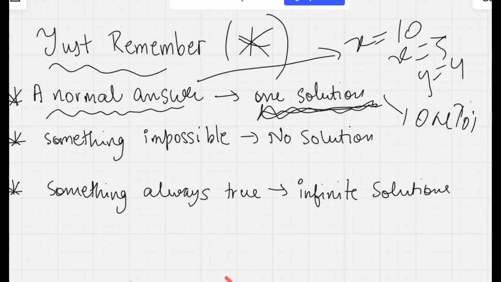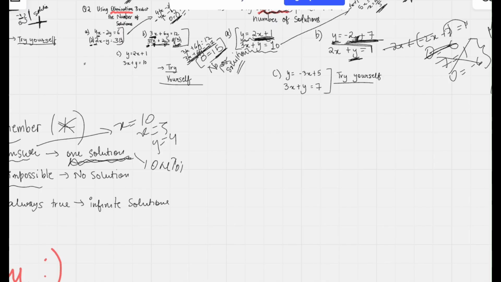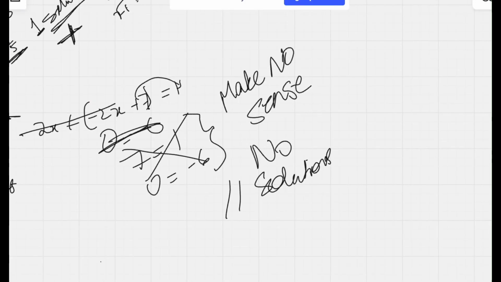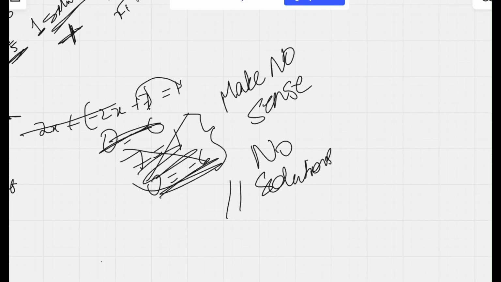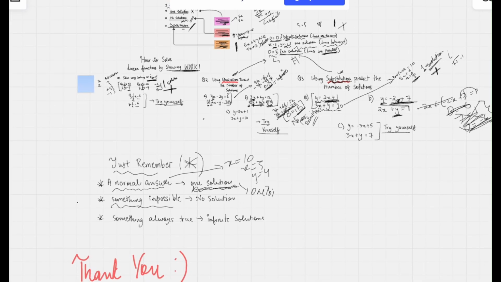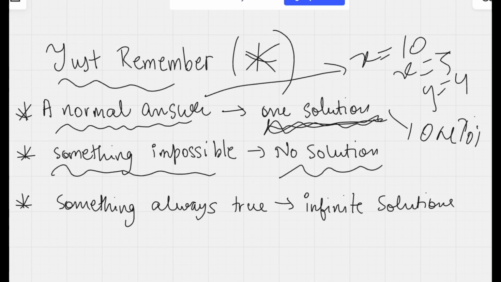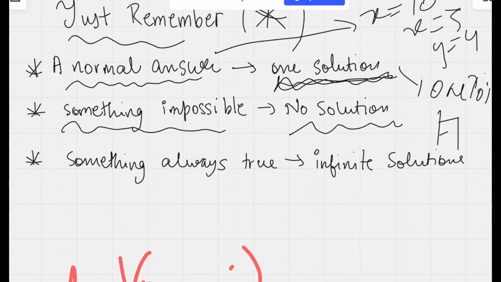And when we have something impossible like we saw back here, 7 equals 1, 0 equals -6, that just makes zero sense. We have no solutions, meaning that the lines are parallel, like railway tracks.